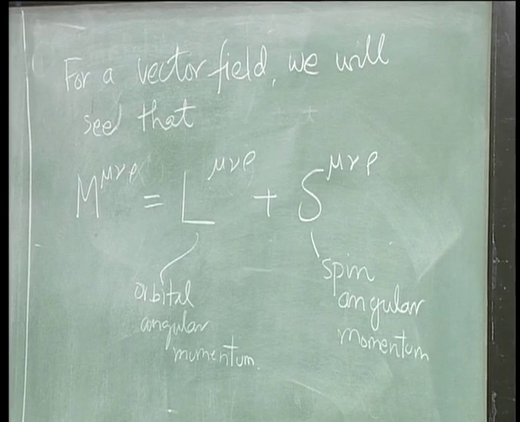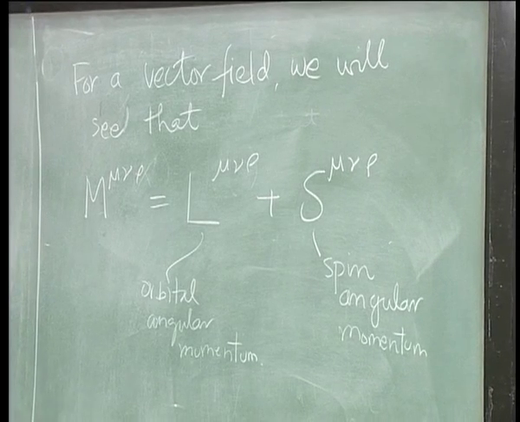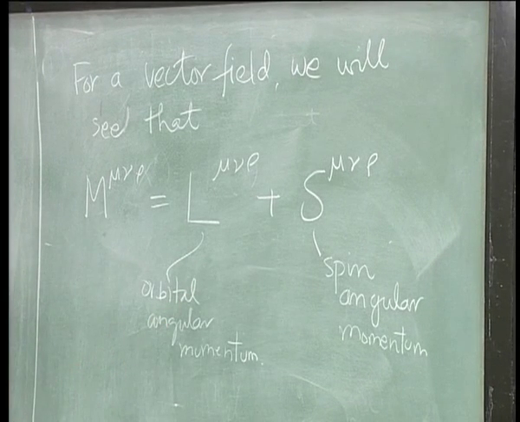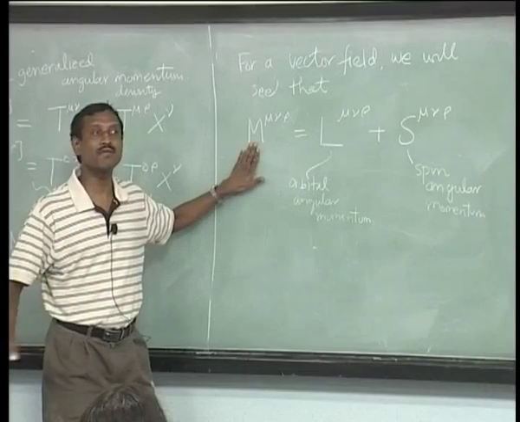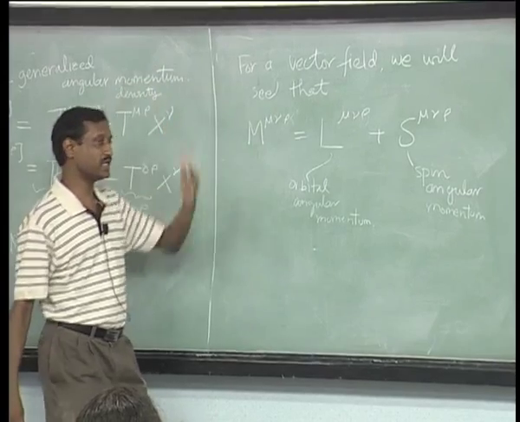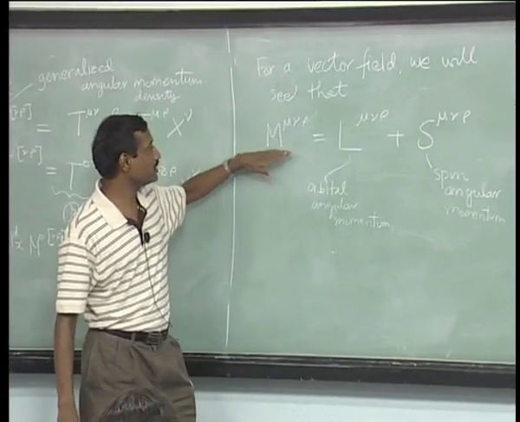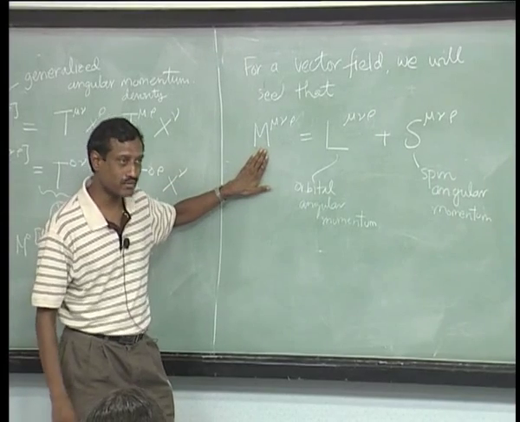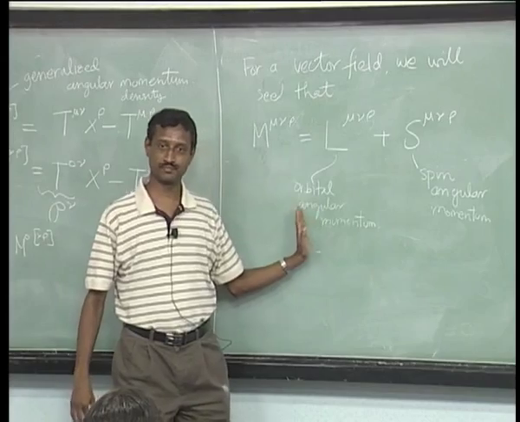Now comes the neat thing. Symmetry tells you that there is a conserved current, and this is that conserved current. You do not have a freedom in this. Okay, we will see that there is some simple freedom which will not change the asymptotic charges. So, you can modify things, but ignoring such an issue, this is the object which is conserved, and we find that it has 2 parts.